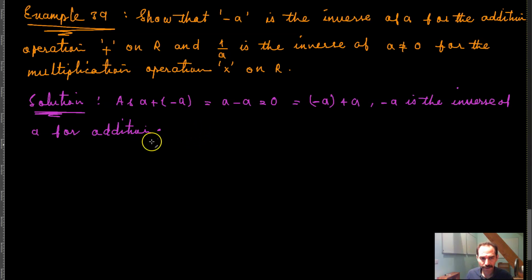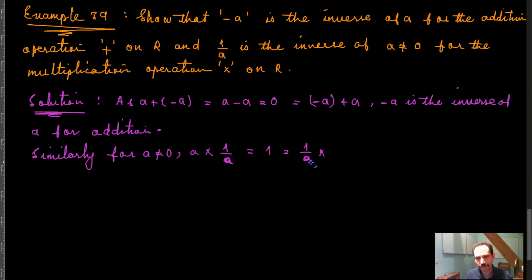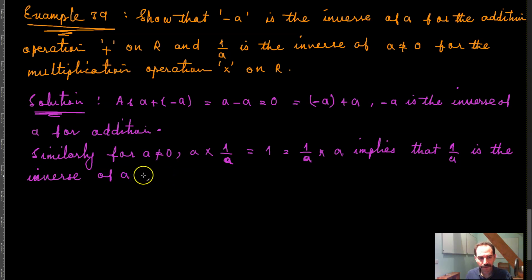And similarly, for A not equal to 0, A times 1 divided by A is equal to 1 divided by A times A, which implies that 1 divided by A is the inverse of A for multiplication.